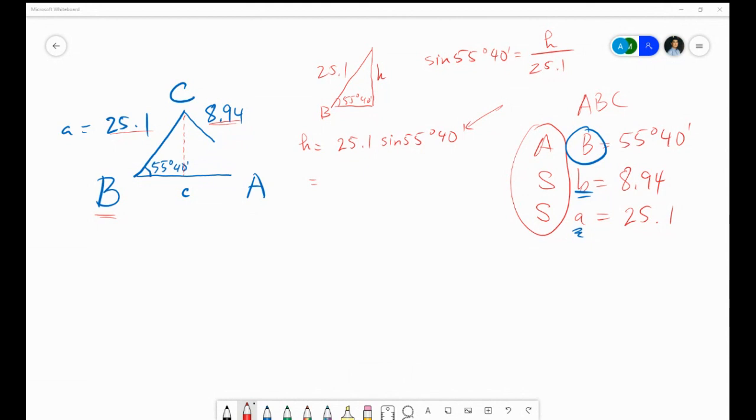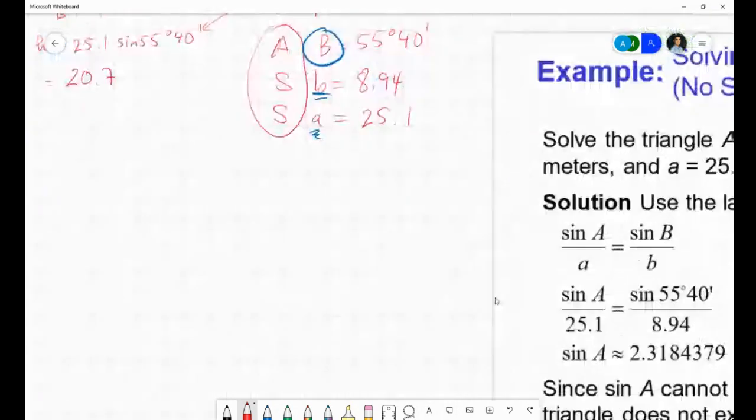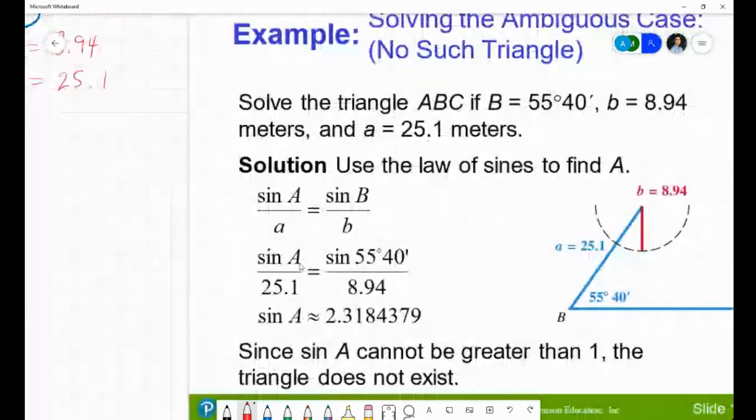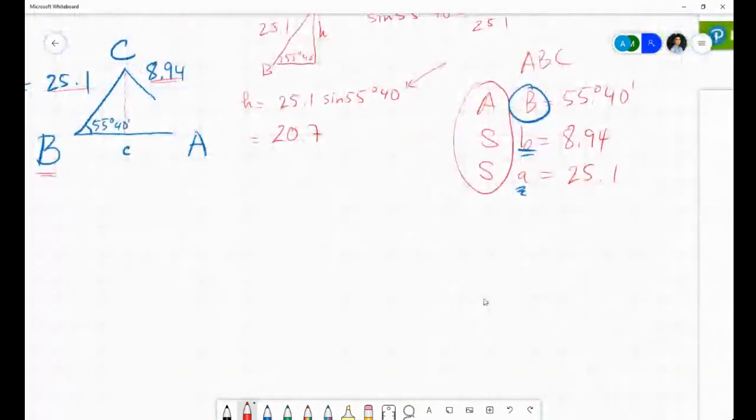Is that 20.7? What did you get? 20.7. Okay, I got 14 point something. I think I did it wrong. Uh-oh. Let's see what they got. What is H here? Did you not put H here? That's okay.